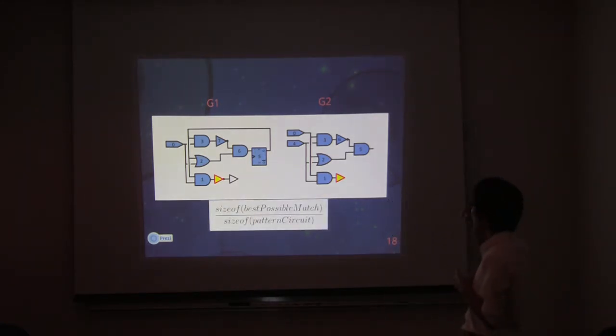The similarity metric says that we want to take all the nodes that we found that are a match and divide that by the total size of the possible pattern graph. So in this case, the similarity would be fairly high, given that a mapping was found between most of the pattern graph and the input graph.